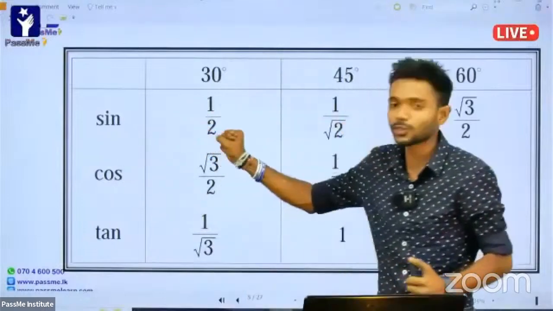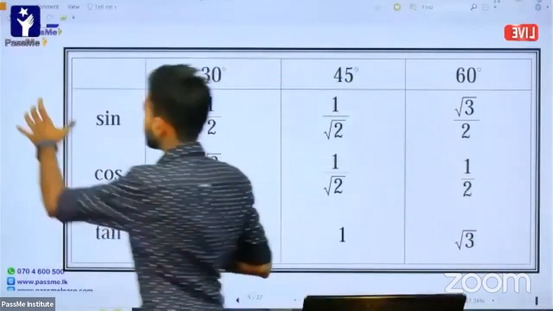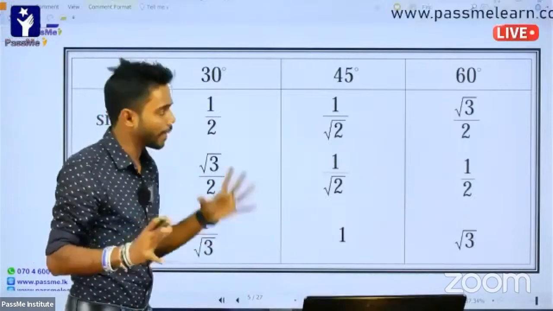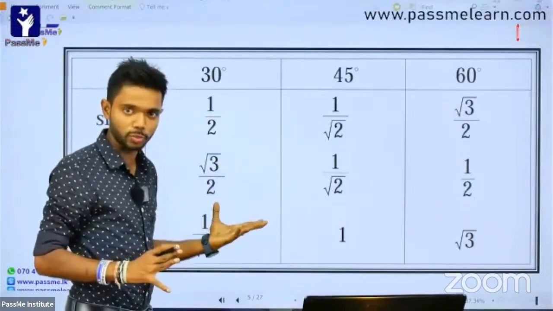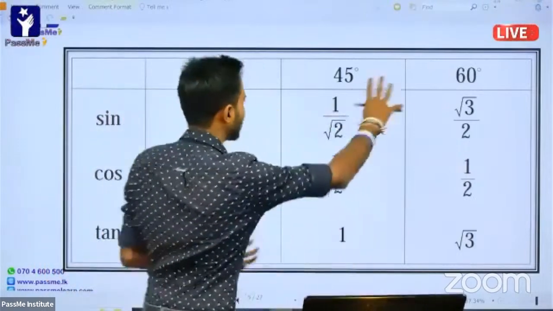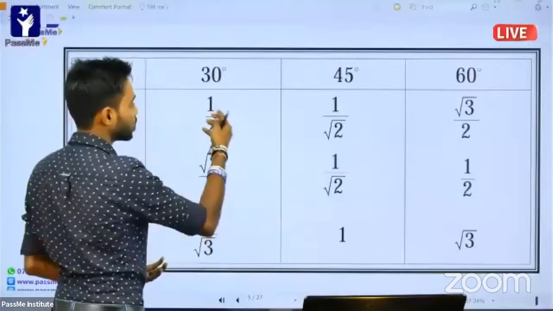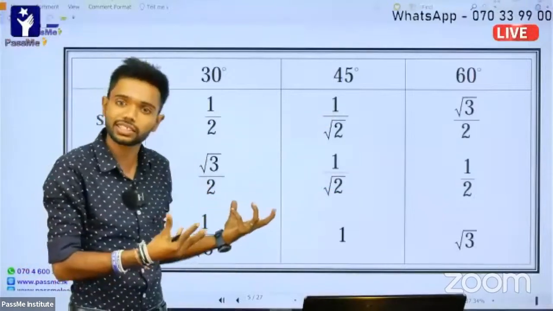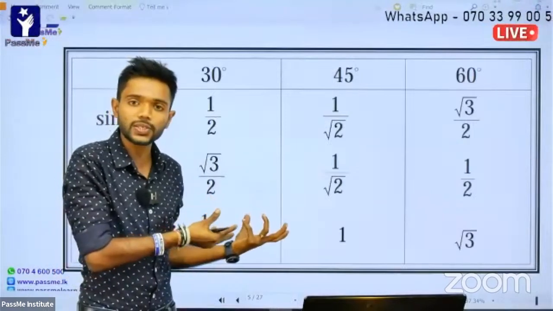Using this table you can find all the values. There are limited numbers in this table. How did you get this one?